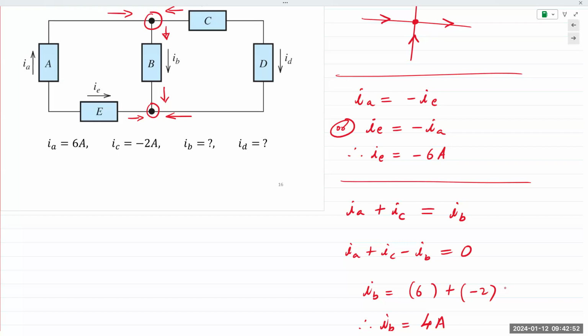Okay. So in this case, since all currents are entering, I will write ID plus IB plus IE equals 0. I take it on the other side of the equation. I get ID equals minus IB minus IE.